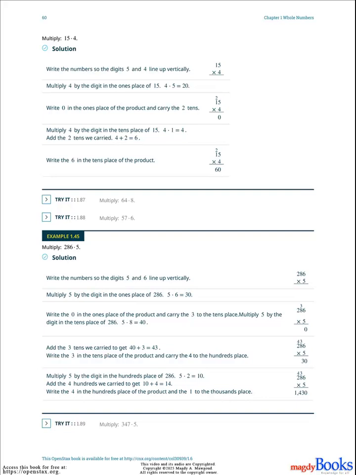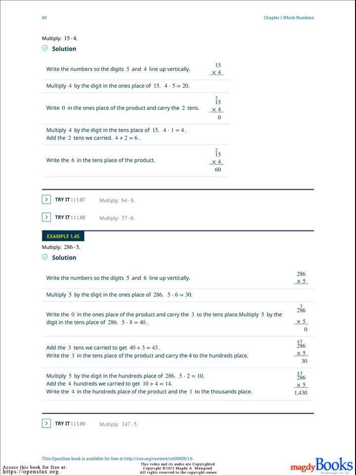Multiply 5 by the digit in the hundreds place of 286. 5 · 2 equals 10. Add the 4 hundreds we carried to get 10 plus 4 equals 14. Write the 4 in the hundreds place of the product and the 1 in the thousands place. The result is 1430.